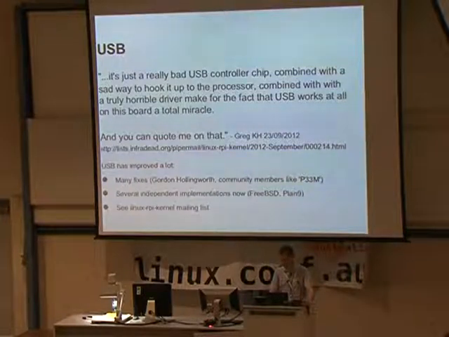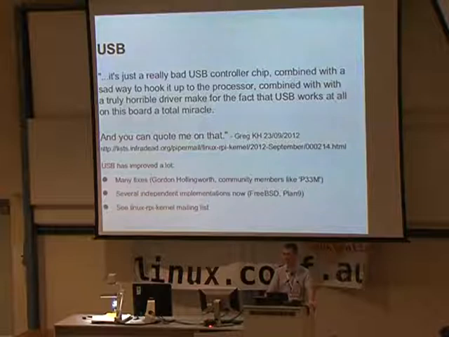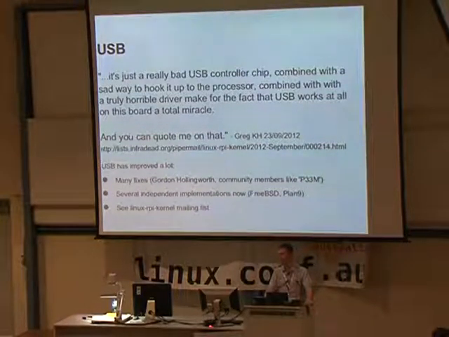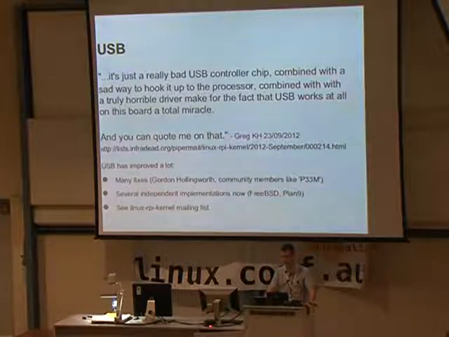Now, regarding USB, this is a quote from Greg KH on the Linux RPi kernel mailing list about the problems with the USB controller. The USB controller is a third-party piece of IP licensed and inserted onto the BCM2835 SoC that we use.